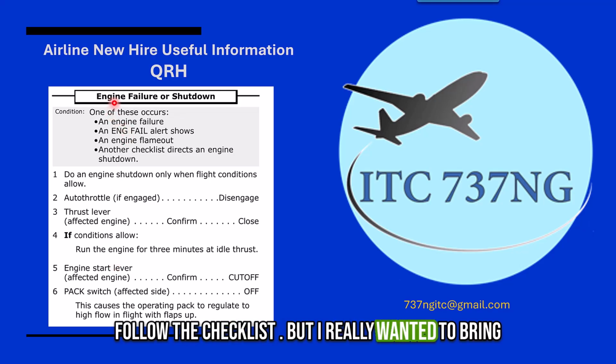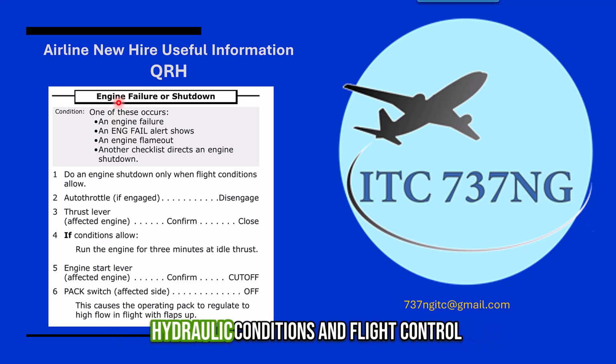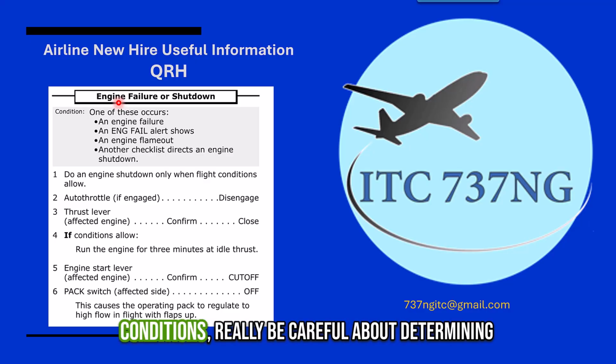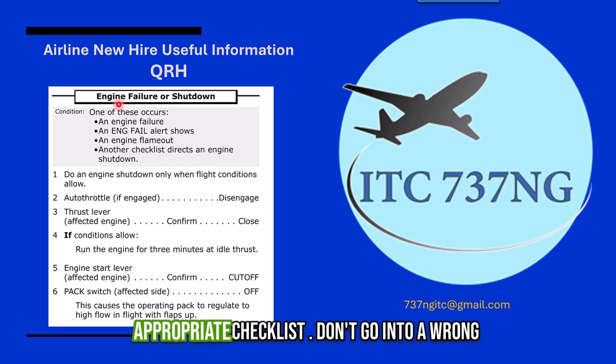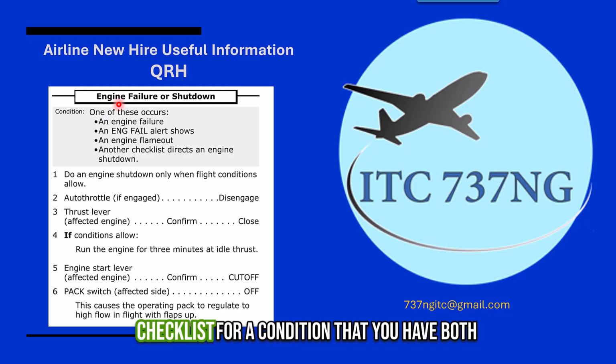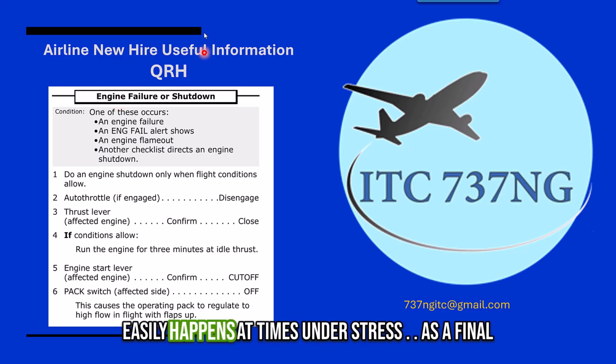But I really wanted to bring up, when it comes to engine conditions, hydraulic conditions and flight control conditions, really be careful about determining exactly what the problem is and go to the appropriate checklist. Don't go into a wrong checklist for a condition that you have both verified and identified. Believe it or not, that easily happens at times under stress.